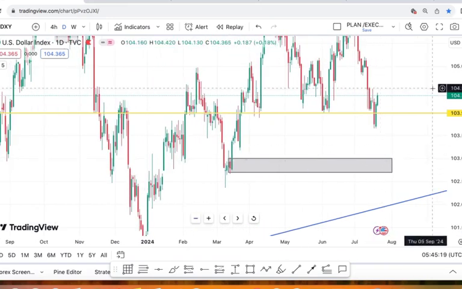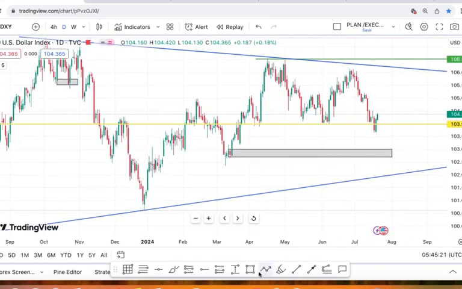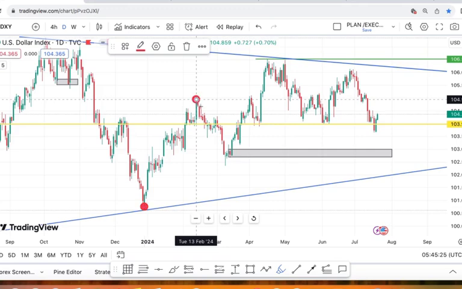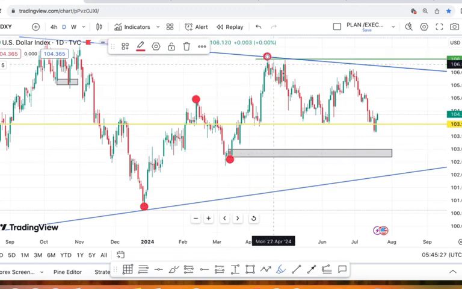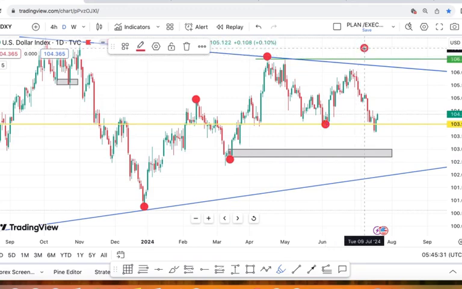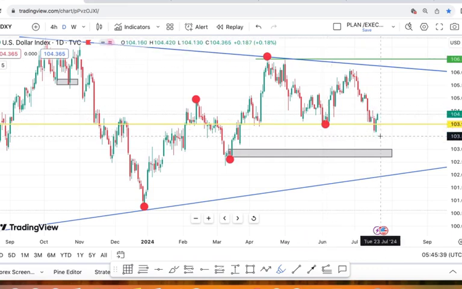DXY is not really giving us more, because look at it. This is a higher low, it's moving to the upside, and now this low refused. We were expecting this low to take out this high, but price did not do that. Rather, price now came and took out this low. So what are we looking at?